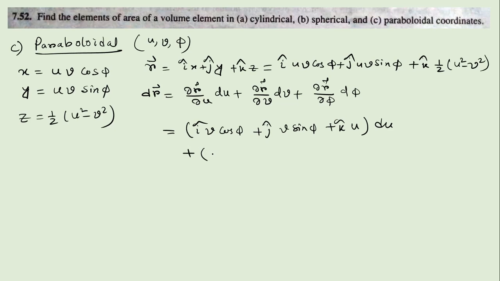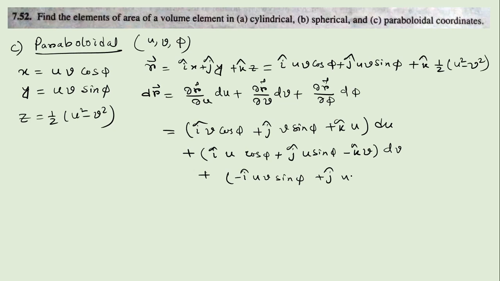Plus with respect to v, this will be i cap u cos phi plus j cap u sin phi, and minus k cap v dv, right? And with respect to phi, you will get minus i cap uv sin phi plus j cap uv cos phi d phi.